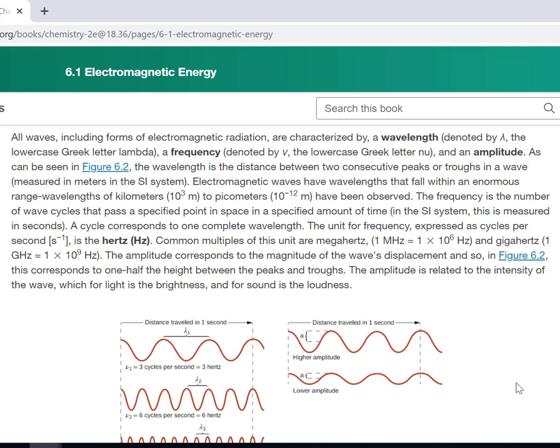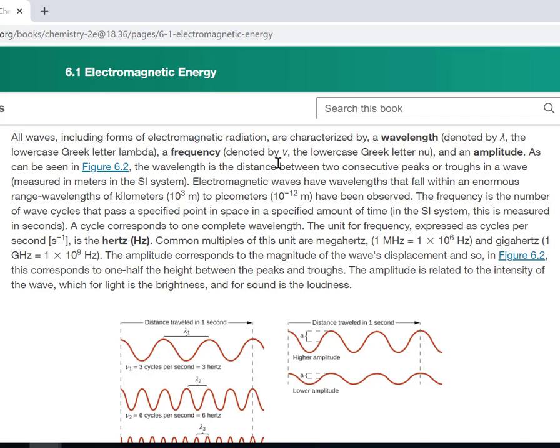Another thing we can talk about with regards to a wave is something called frequency. Frequency, we use this Greek letter nu, which kind of looks like a funny V. If you end up drawing it and it looks exactly like a V, that's fine, as long as you know what it is. Frequency is a measure of how often a wavelength goes by.